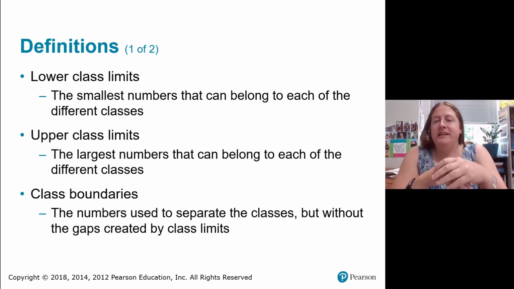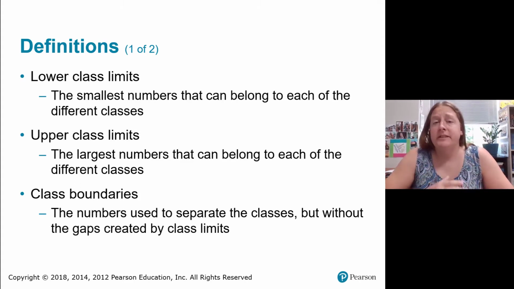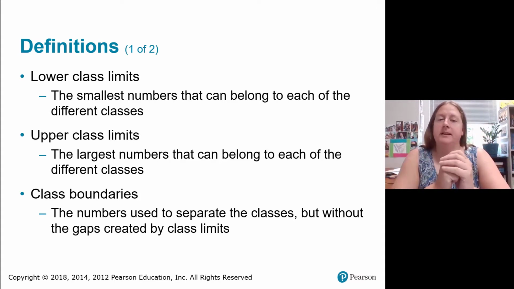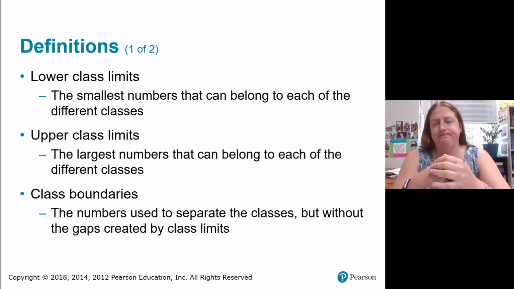And finally, we have this idea of class boundaries. Class boundaries are something that we would communicate to somebody as the dividing point between two different classes. It would seem like that should be a lower or upper limit, probably, as you think about it at first.